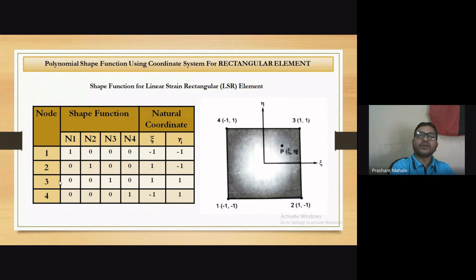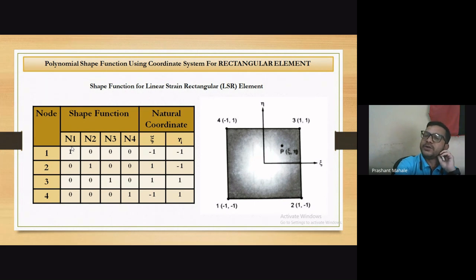Now let us go for the other values. What are the values written here for n1, n2, n3, and n4? As we discussed already, the property of the shape function is, if the shape function is 1 at one node, then it is 0 at all the other nodes.